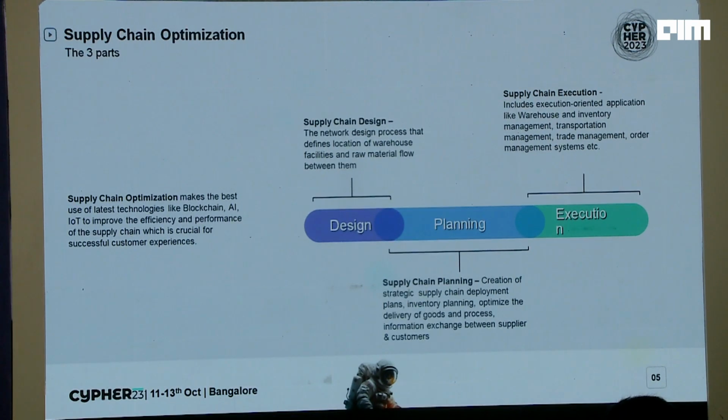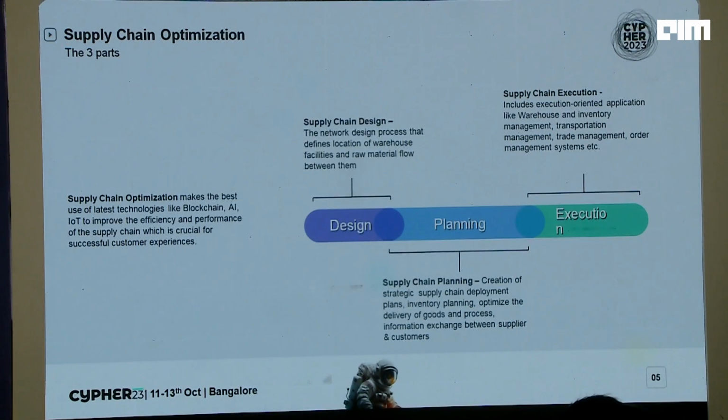Which defines the location of a warehouse, where your raw materials are coming from, all of that. Then the planning piece, and at the last, the execution piece. In the execution piece you'll have your warehouse inventory management, you'll have your OMS systems, you'll have your trade management, all of that falls into the execution part.